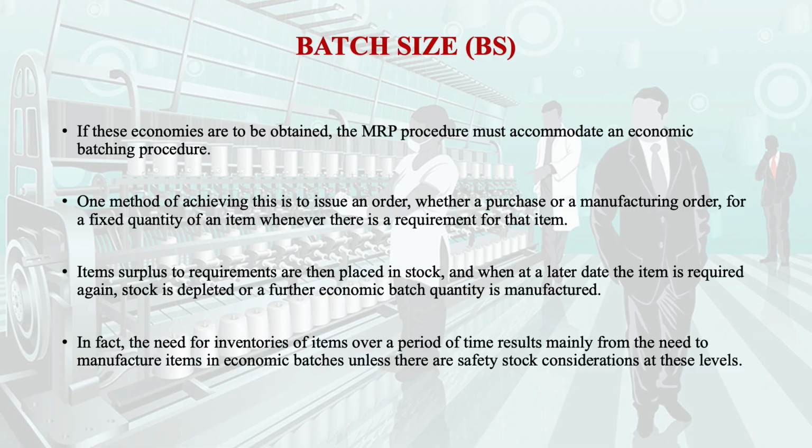Under the batch size, in fact, the need for inventories of items over a period of time results mainly from the need to manufacture items in economic batch size, unless there are safety stock considerations at each level. So the need for inventory arises each time we go for economic batch size production, unless and until there is a requirement or consideration for the safety stock.